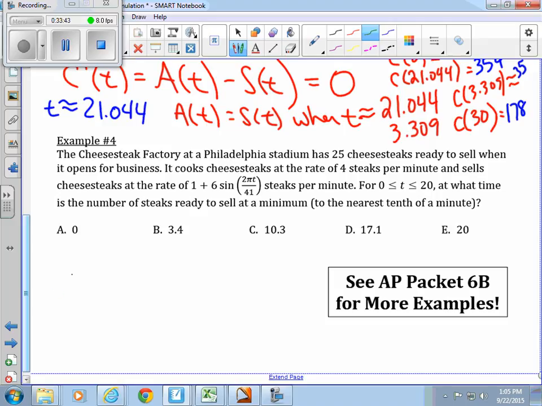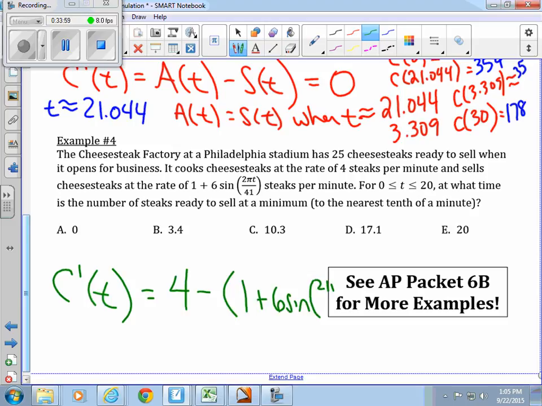So the cheesesteak derivatives, right? The rate of change of how many cheesesteaks we have is the 4 minus the 1 plus 6 sine of 2 pi t over 41. So that is the derivative. Be careful with that.